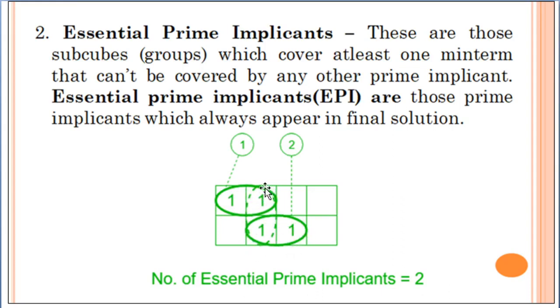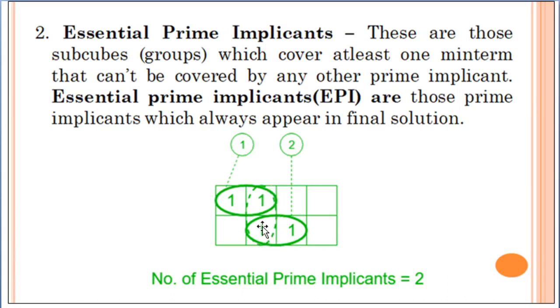But this prime implicant is not essential because all the members of that particular group are involved with the other groups. That means the members of that group are involved with the first and second group. That's why this will not be our essential prime implicant.